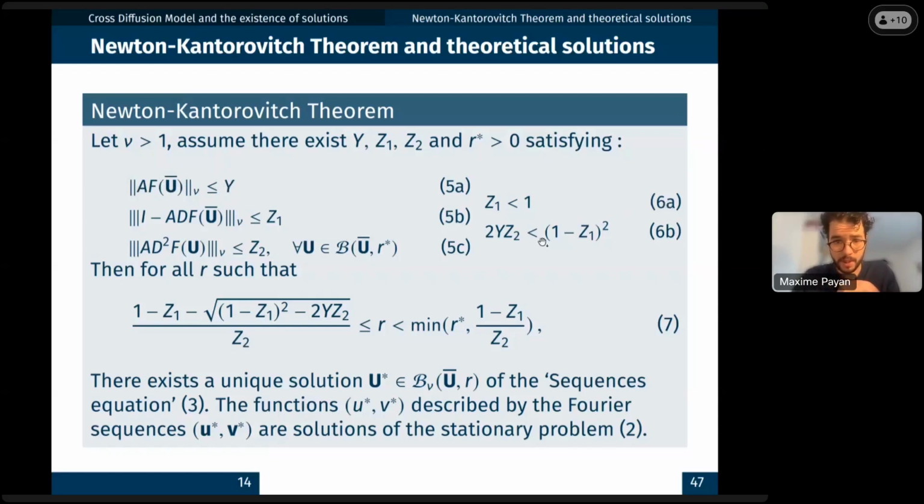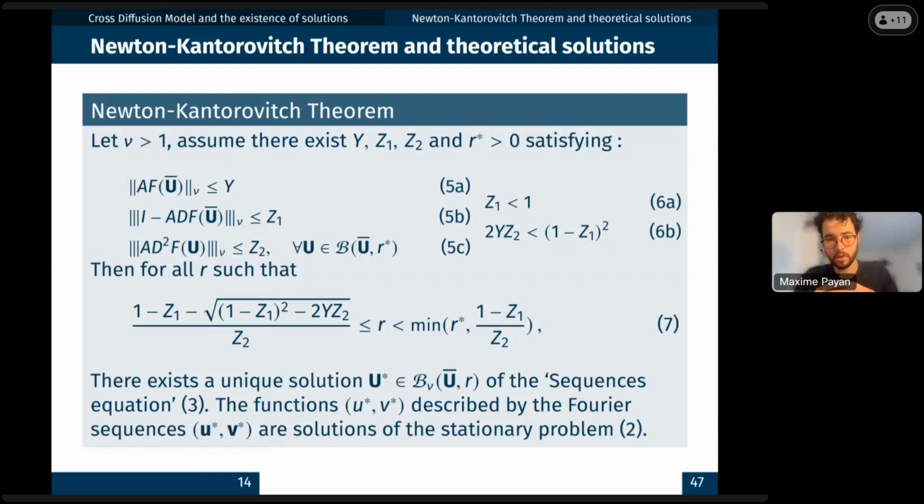5b with 6a means that the functional is a contracting map, okay? And 5c with 6b means that the functional is a contracting map from a ball into the same ball, okay? And 5c also ensures that the differential is not singular in the neighborhood of the finite approximate solution.